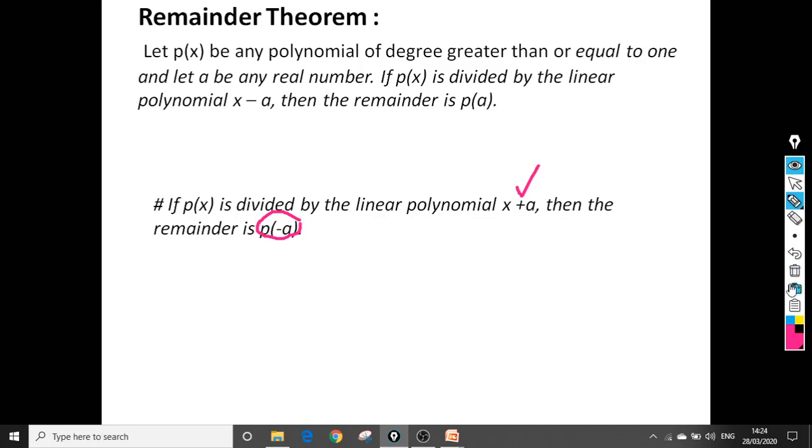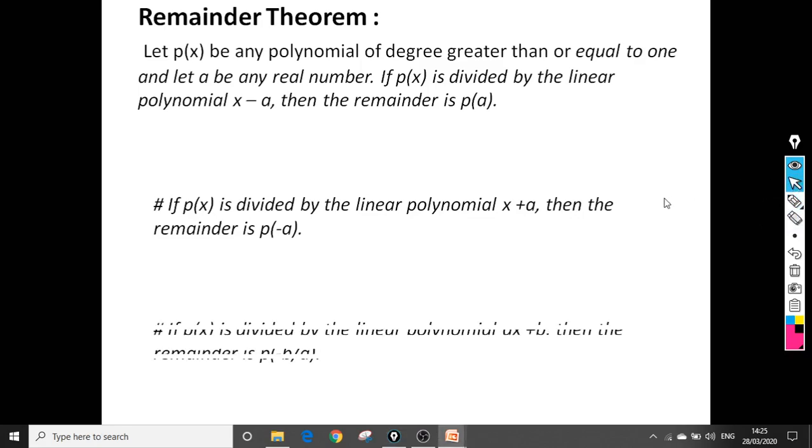Here we have one more example for this situation. If p of x is a polynomial, and in this case it is divided by ax plus b, what do you guess about the remainder? Here the remainder is p of minus b upon a.